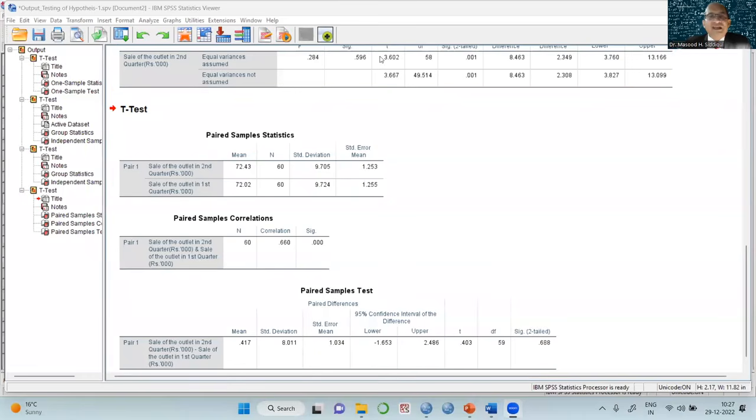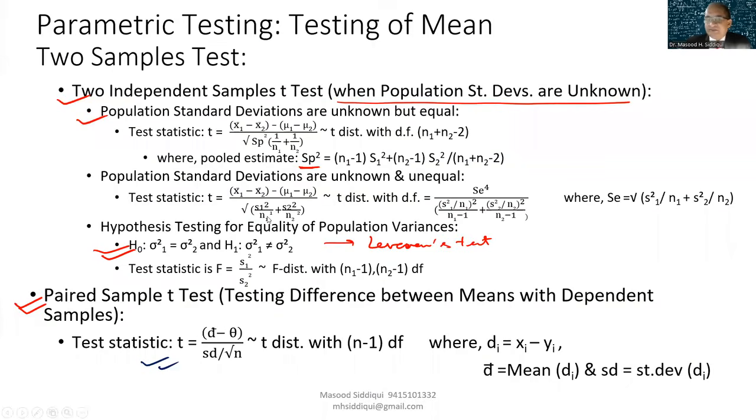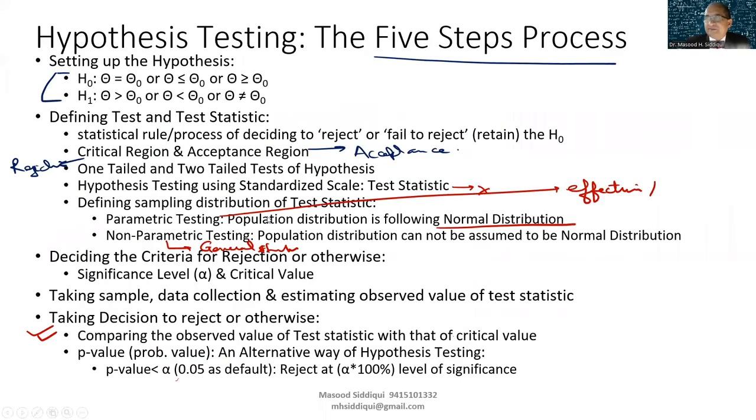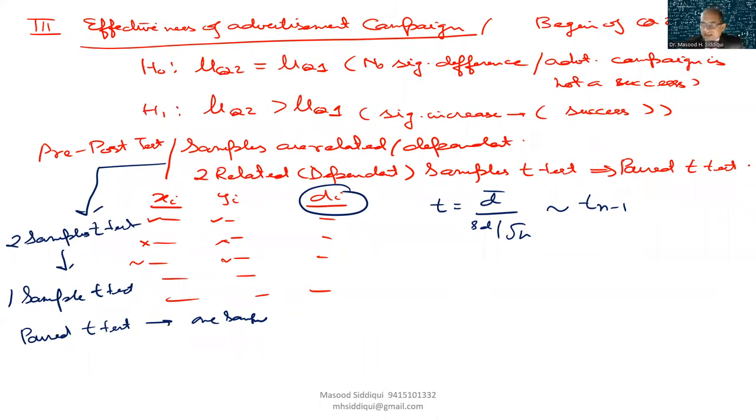So I am changing my screen. Right. So here, this is for the test that we have discussed. Here the p-value or the significance of two-tail, because it is being provided by the software, is 0.688, right?